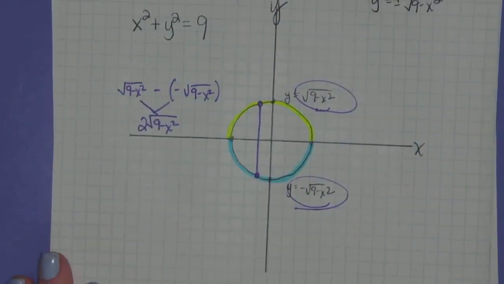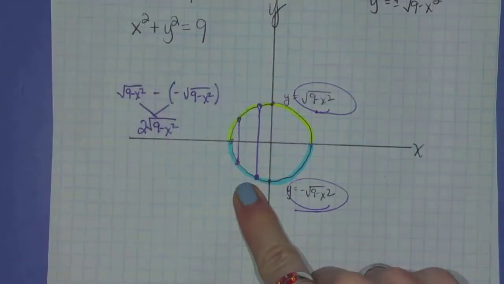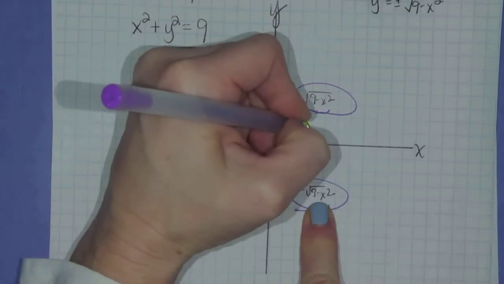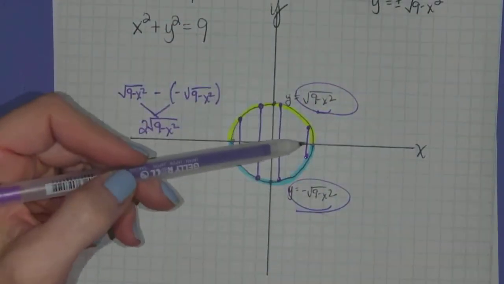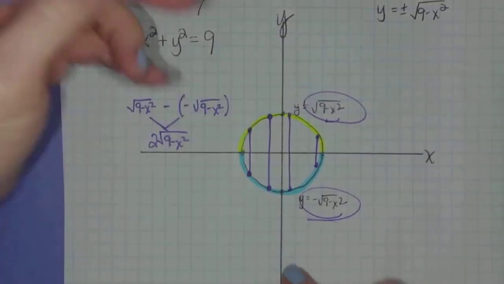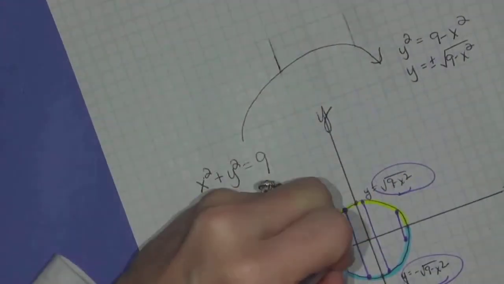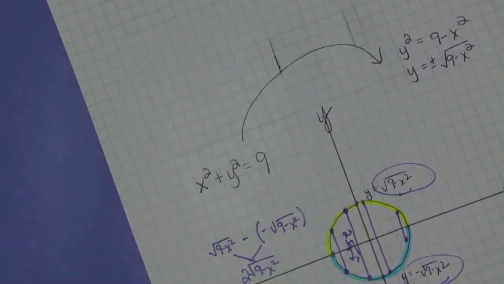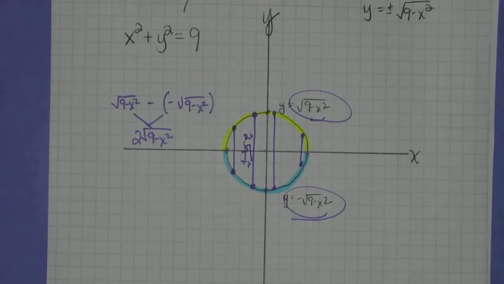So I want to establish that I don't care where I'm doing a cross section, as I grow them out of my base, the distance from one side of the circle to the other is 2 root 9 minus x squared. That is going to make life a lot easier as we work through this problem.